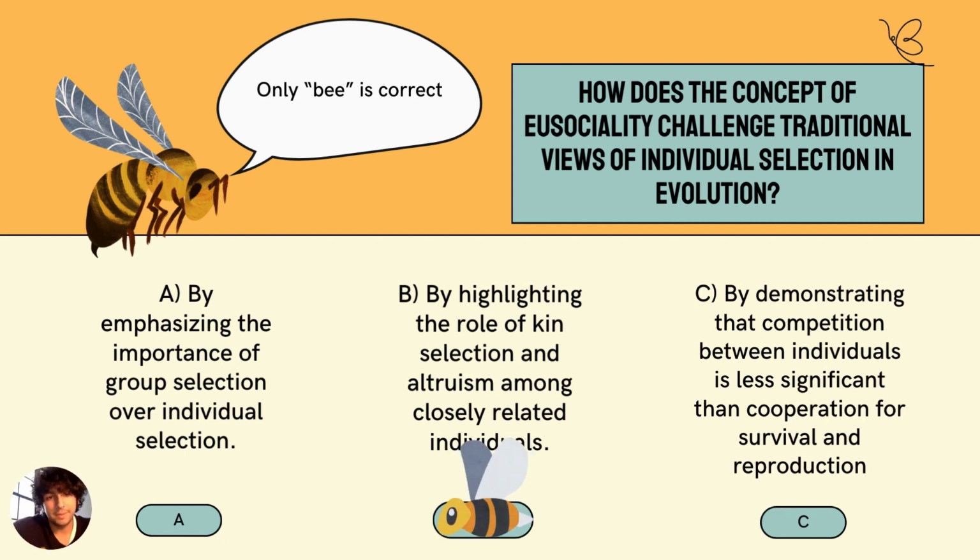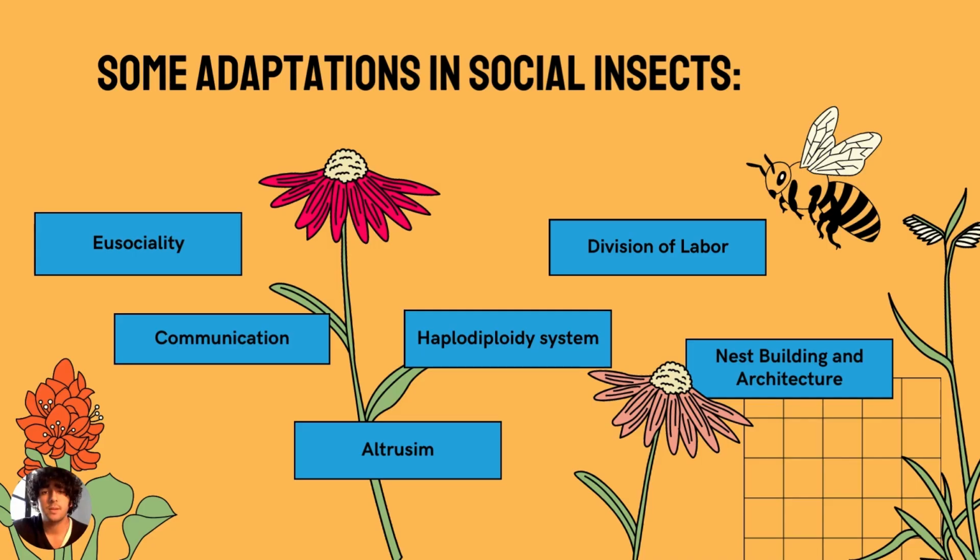Actually, it's B. As I mentioned before, the kin selection and altruism among closely related individuals is what transmits the genes between generations. So there are some adaptations in social insects, as we mentioned before, and I'm gonna talk about especially some of the big ones.